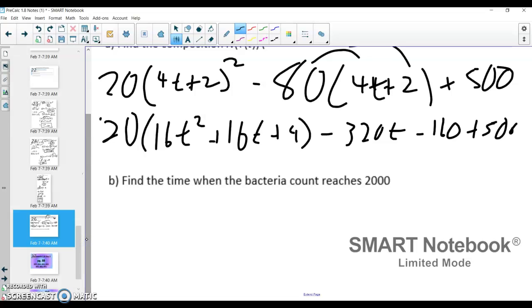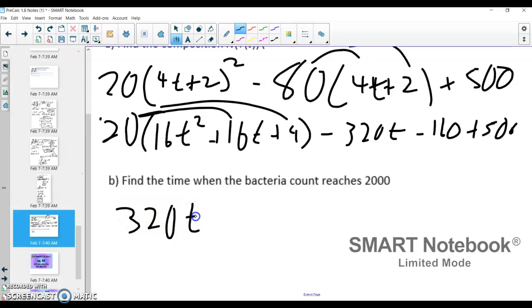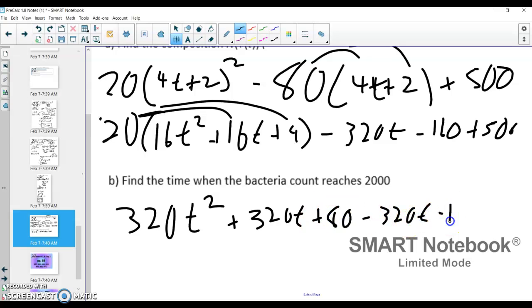And I need my calculator here. I've got to distribute in my 20 to each of these as well. And when I do that, I get 20 times 16, that's going to be 320t squared plus 320t plus 80 minus 320t minus 160 plus 500.